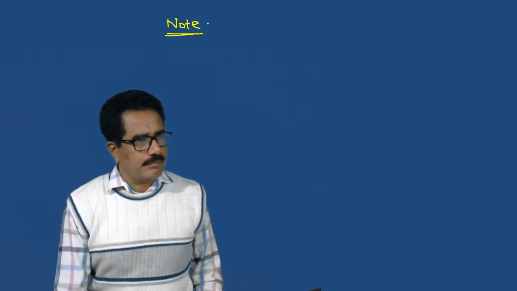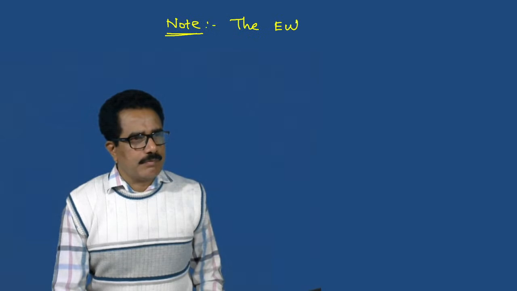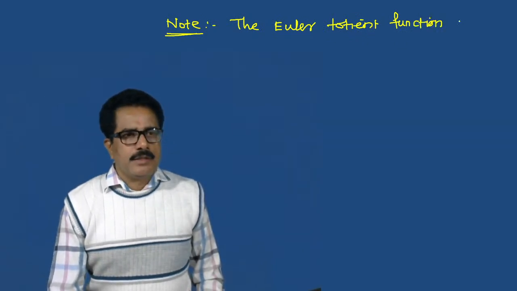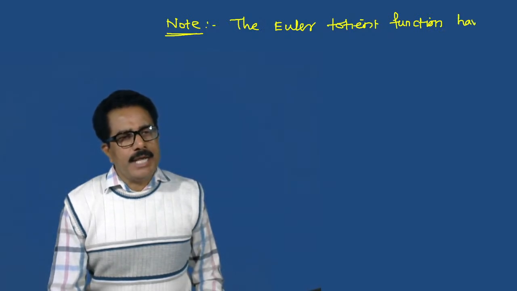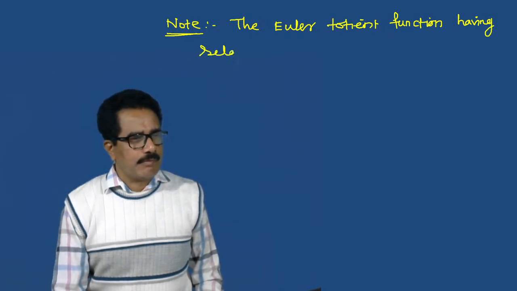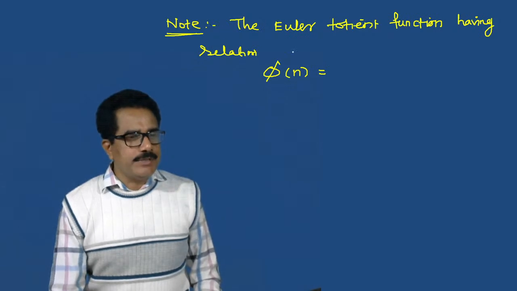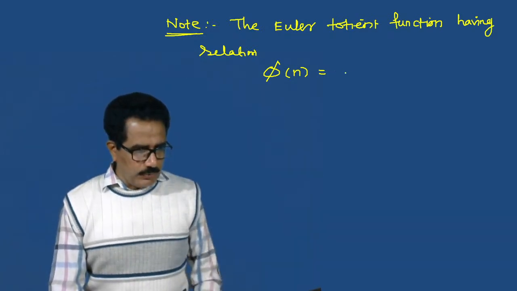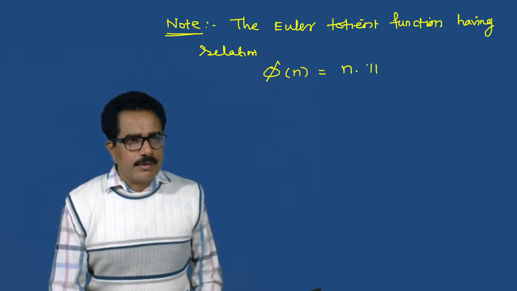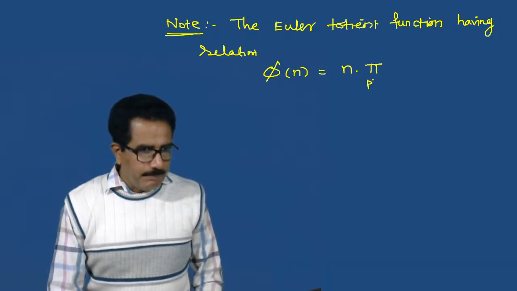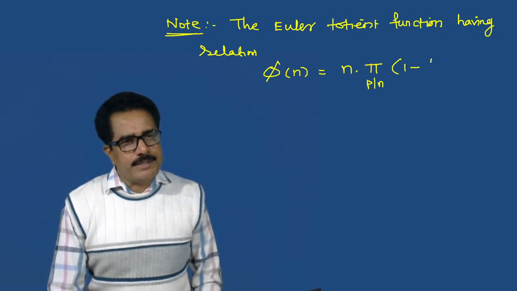Note, the Euler Totient function has a relation: phi of n is equal to n into the product function, denoted by product over p dividing n, of 1 minus 1 upon p.